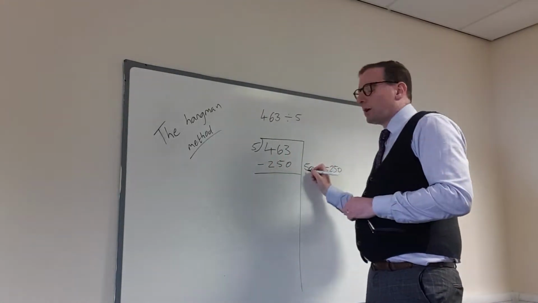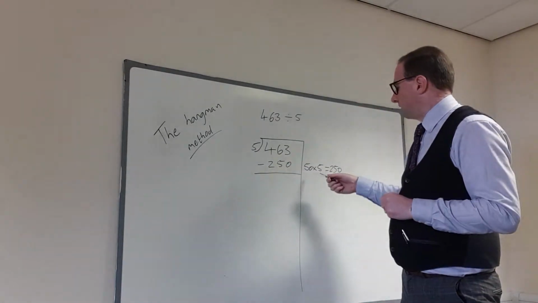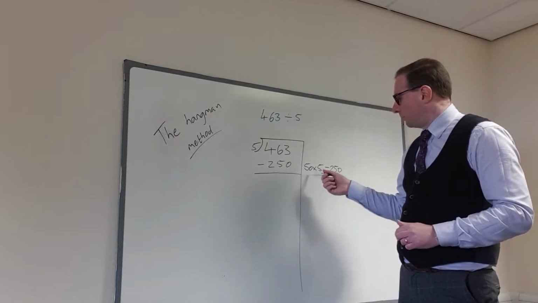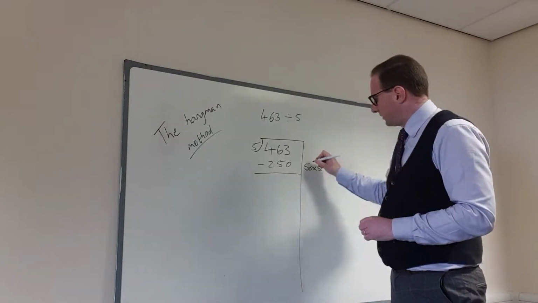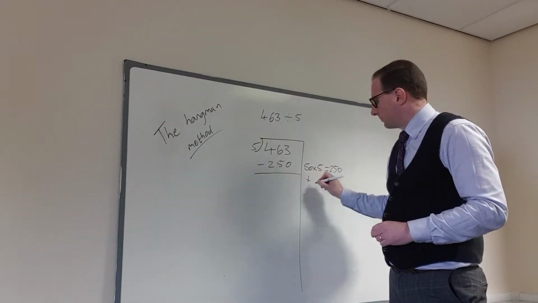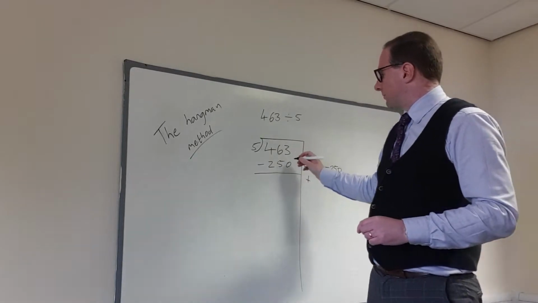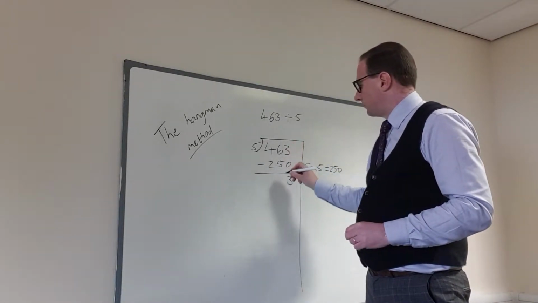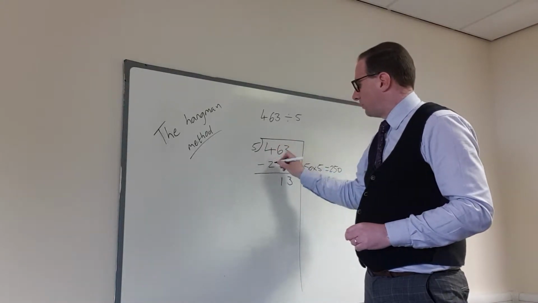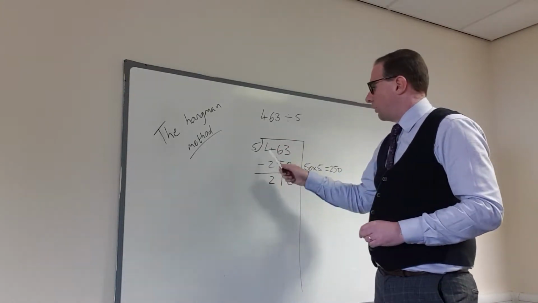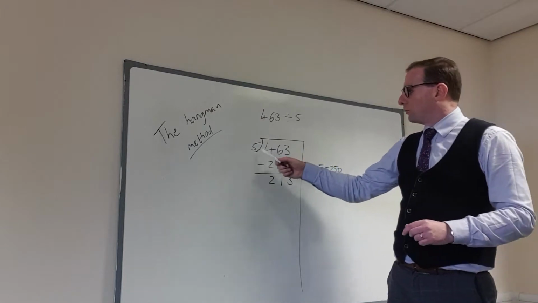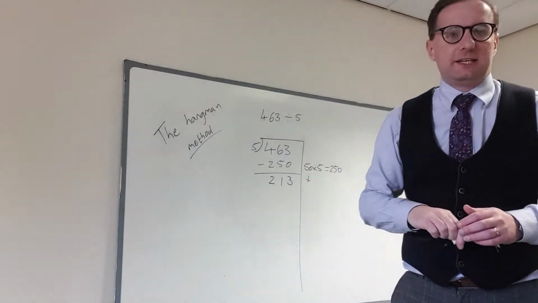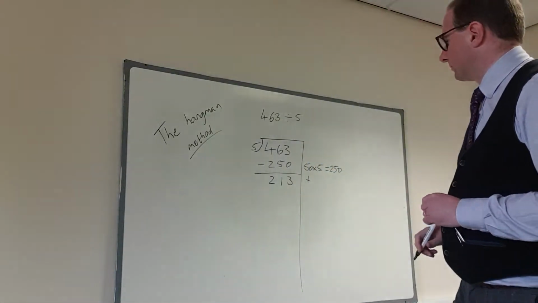So we know it goes into 463 at least 50 times. We'll come back to these numbers at the end and I'll show you why we've got these at the side. We're going to add all these together. So 3 minus 0 is 3, 6 minus 5 is 1, 4 minus 2 is 2. So it goes into 463 50 times with 213 left over.